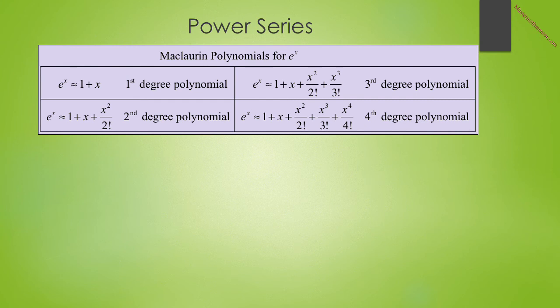The second degree polynomial was e to the x is approximately equal to 1 plus x plus x squared over 2. We move to the third degree polynomial, which is e to the x is approximately 1 plus x plus x squared over 2 factorial plus x cubed over 3 factorial.